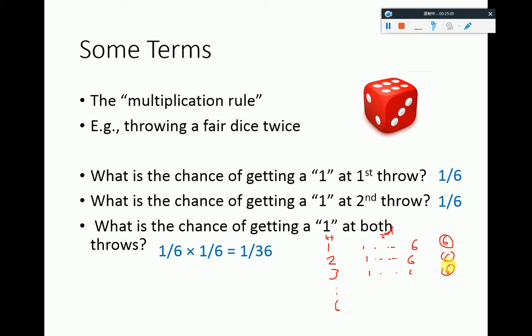Here you will have another 6 combinations, and here another 6. Because there are 6 outcomes for the first throw, you will have 6 sixes. If you have 6 sixes, that's exactly 36. And 1,1, of course, is one of the 36 possible outcomes. So the chance of observing two ones at both throws will be exactly 1 over 36. That's another way to understand why multiplication makes sense.